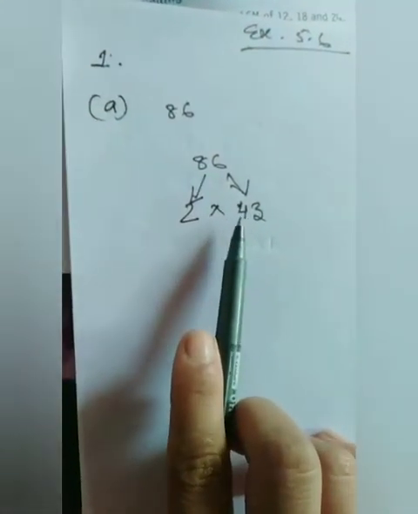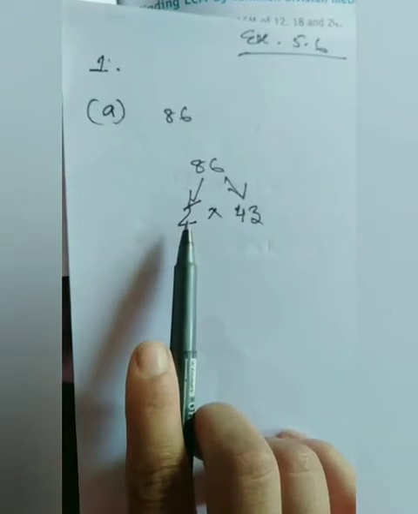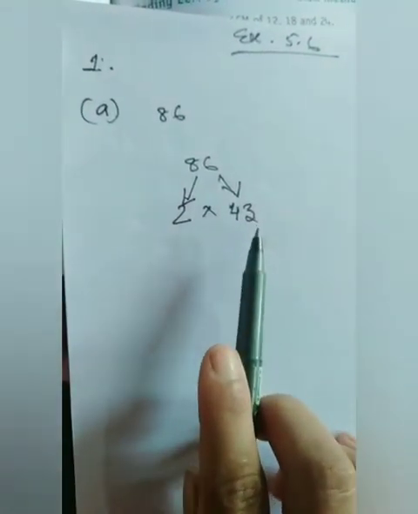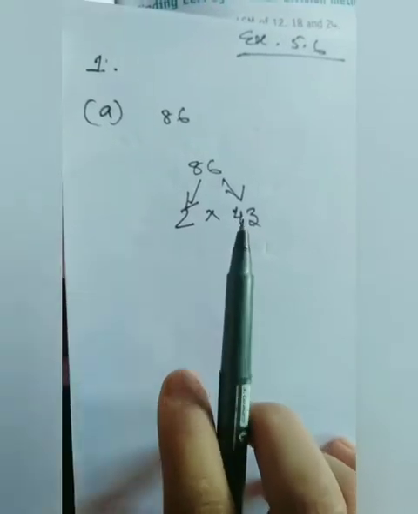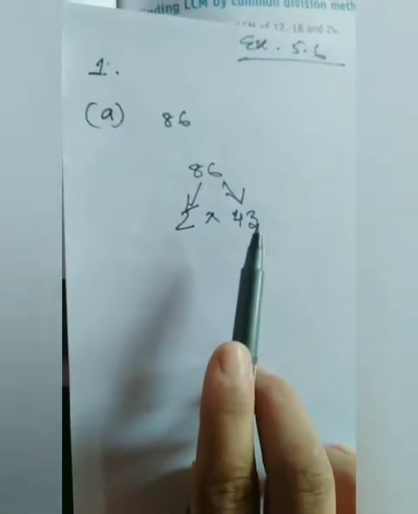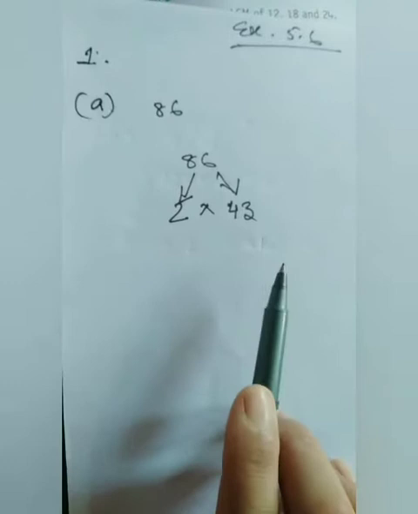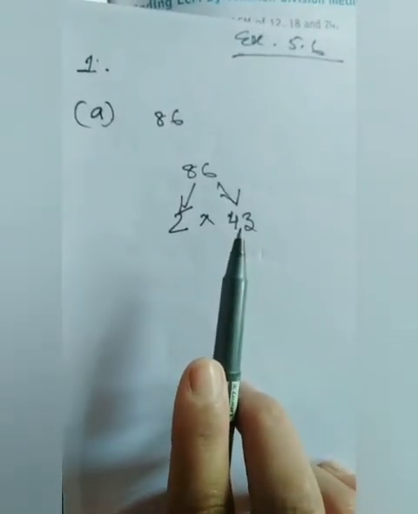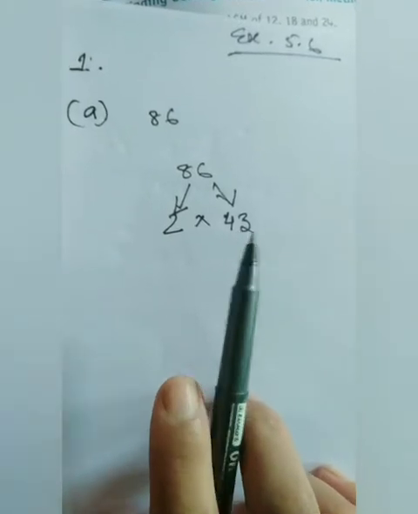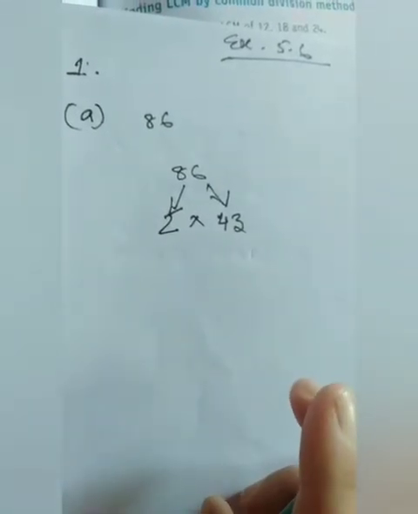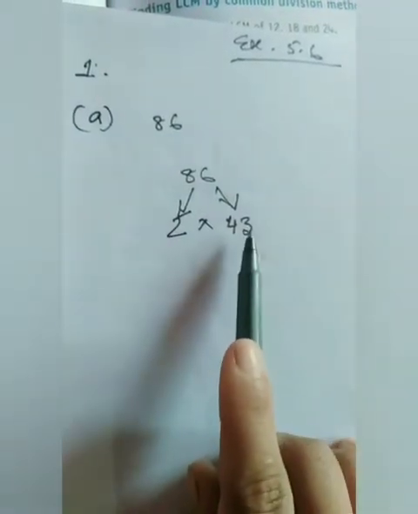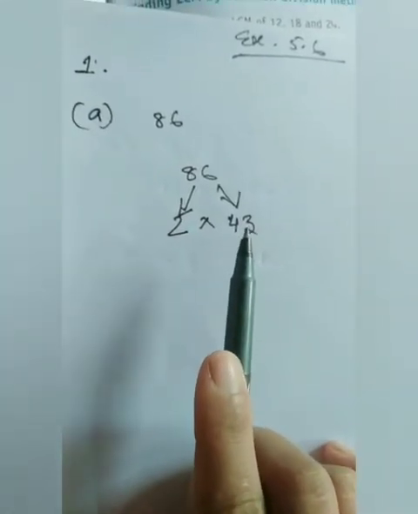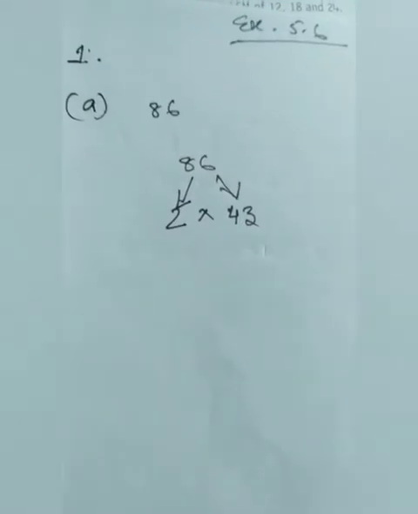Now 2 is already a prime number, so let's check this 43. Is 43 a prime number or a composite number? If it is composite, we can still factorize, right? But look at this number and think whether 43 is prime or composite. I think it is a prime number, right? Because 43 is divisible by 1 and the number itself only.